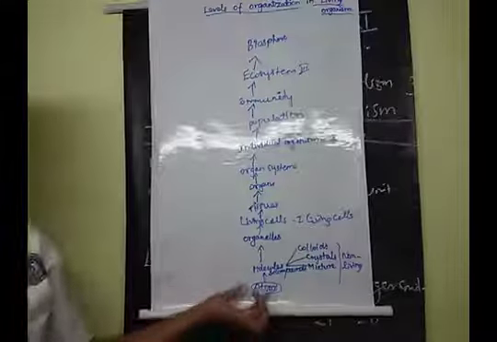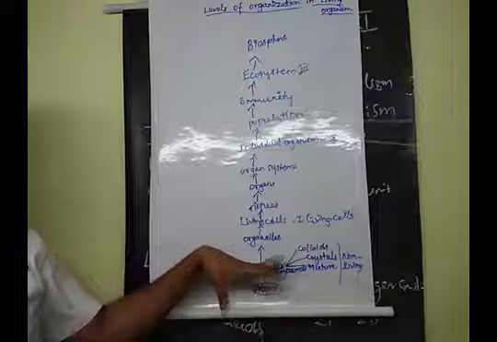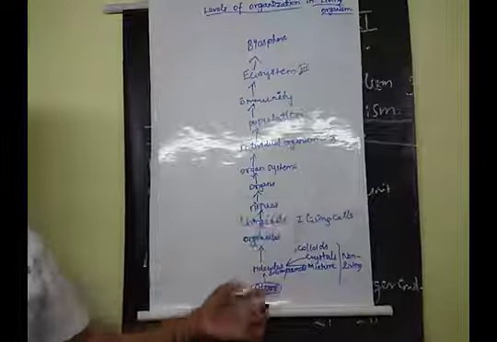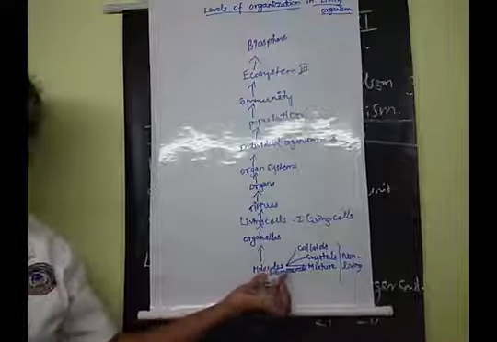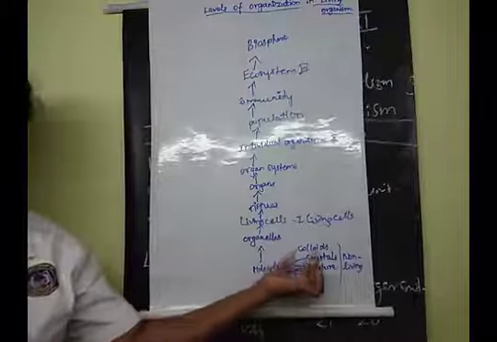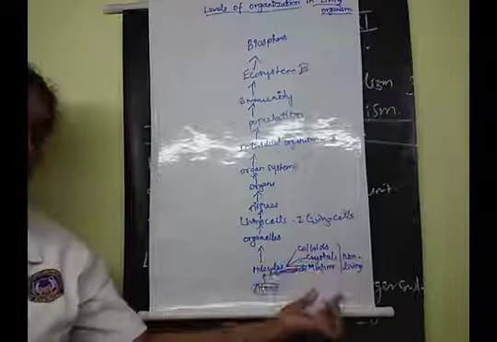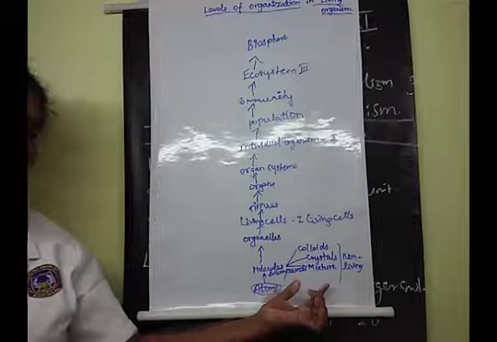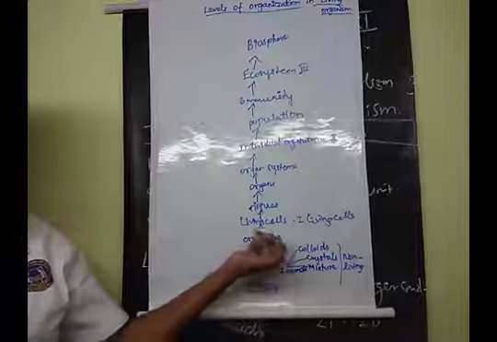First, it starts from atoms to biosphere. How will you form this level of organization? Atoms form molecules and compounds. This also comes under 3 forms: colloids, crystals and mixtures. So this comes under non-living things. The next one: molecules and compounds form organelles.